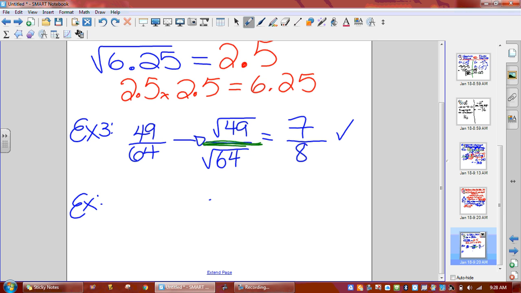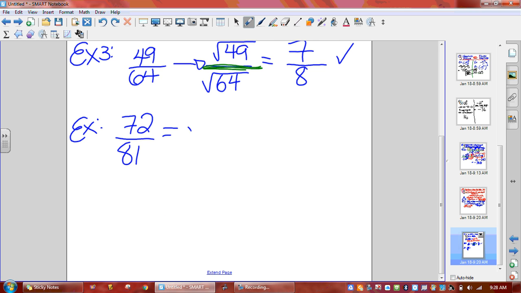So let's say I've got 72 over 81. Well, if I take the square root of 72, somebody please do that for me. Round it to one decimal, please. 8.4?